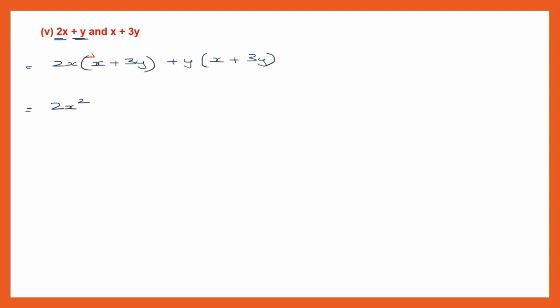Now we have to multiply 2x into 3y. First let's multiply the numbers, 2 into 3. 2 threes are 6. Then we have 1x and we have 1y. So that is 6xy. And the sign is plus because both the numbers don't have any other sign. So 6xy. Now go to the next one.